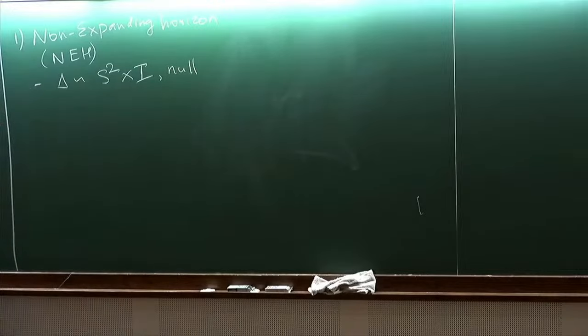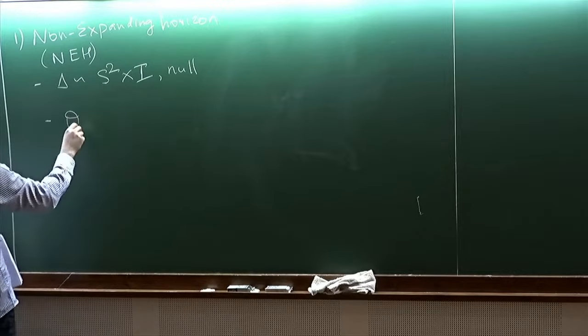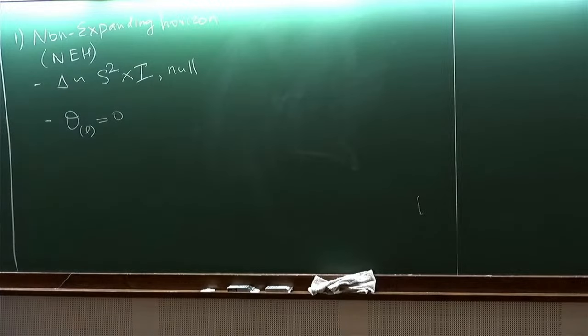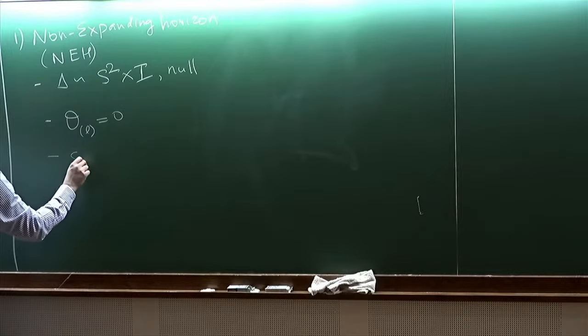The second condition is that the expansion of the null normal, which I call L, has to vanish. And the third condition is that the energy conditions hold and the field equations hold at the horizon. This is more technical, and we will maybe not use it in too much detail in this lecture, but it is still in the definition, okay?